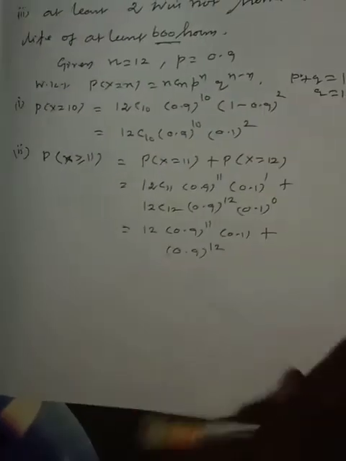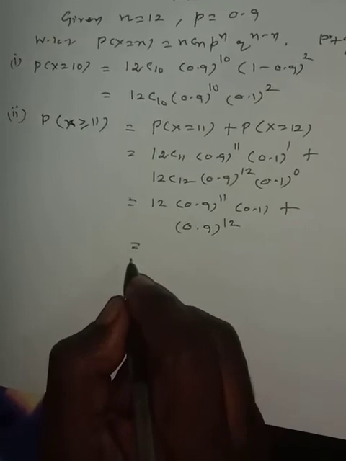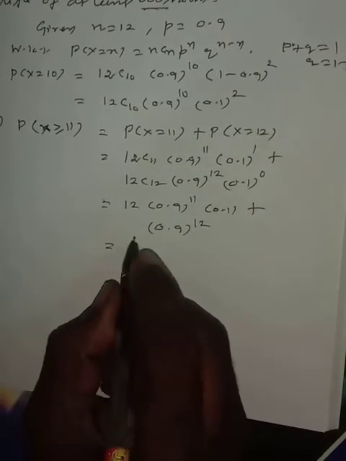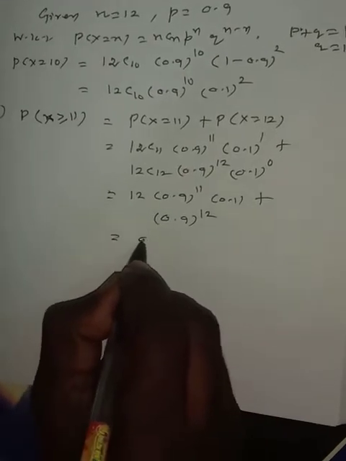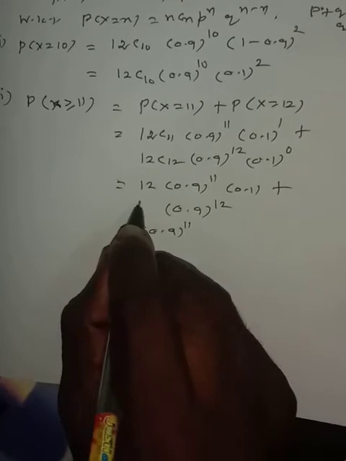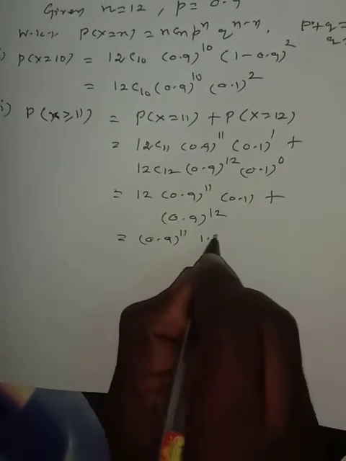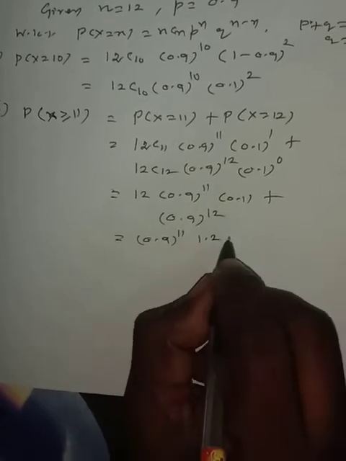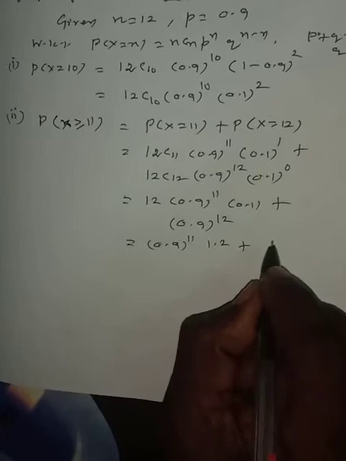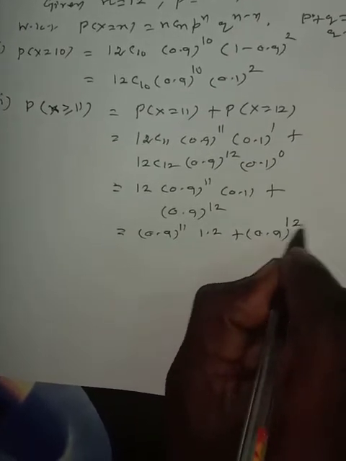This is equal to 0.9 whole to the power of 11 into 12 into 0.1, which is 1.2, plus 0.9 whole to the power of 12.